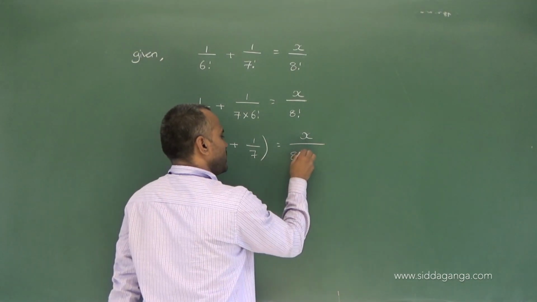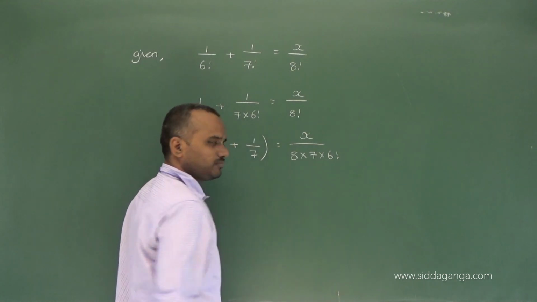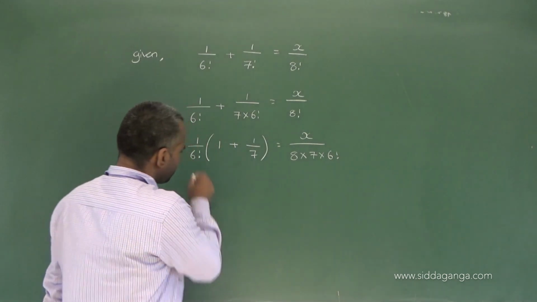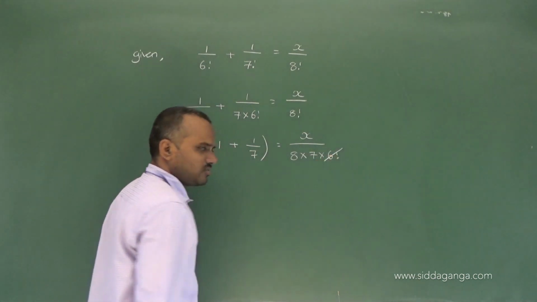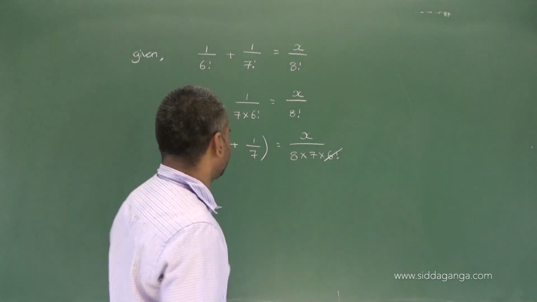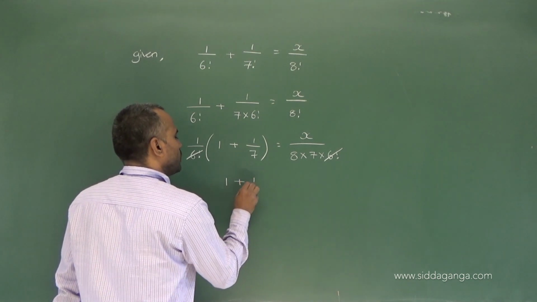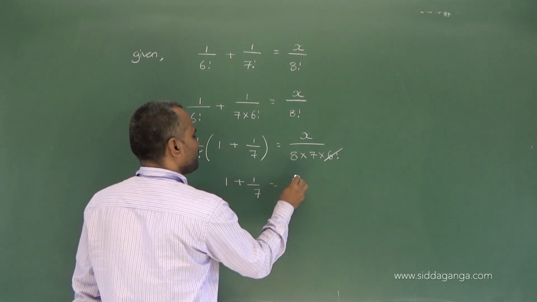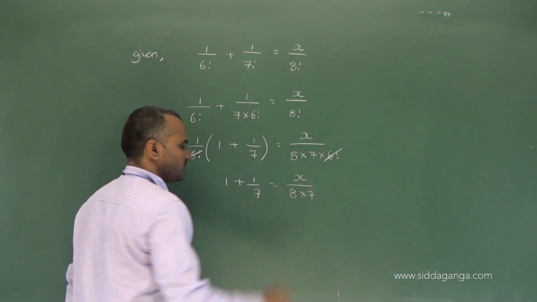We can write 8 factorial as 8 into 7 into 6 factorial. On both sides, 6 factorial gets cancelled. What is left? 1 plus 1 divided by 7 is equal to x divided by 8 into 7.